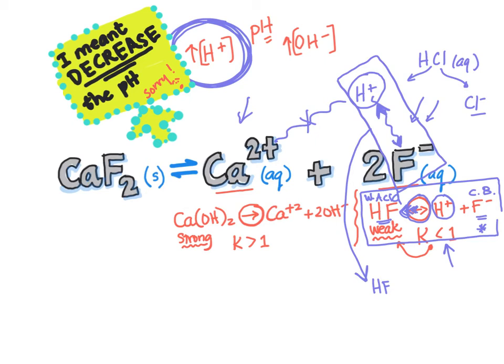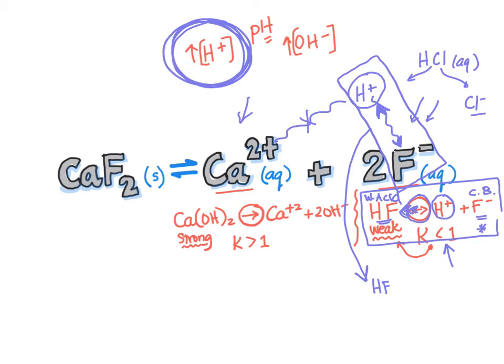Now, if that happens, we jump into what we know about shifts and Le Chatelier, right? If I end up adding a stress to this equilibrium, the result of it is that we create these hydrogen fluoride molecules in water, and they're in fact taking away fluoride ions.